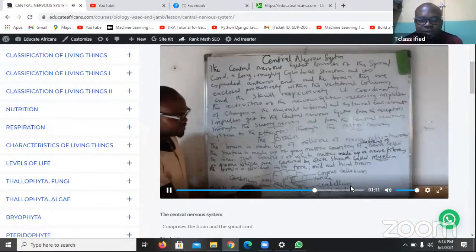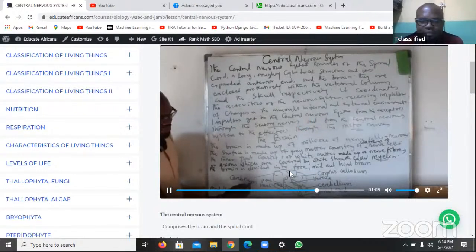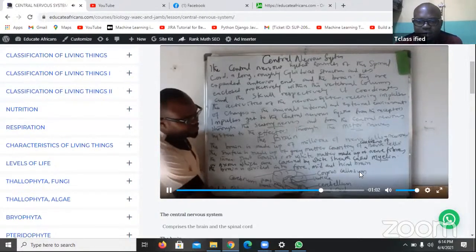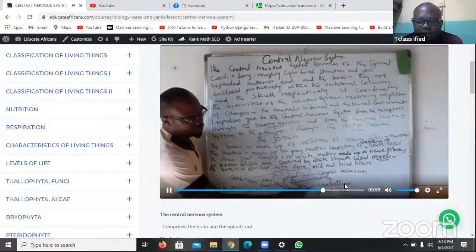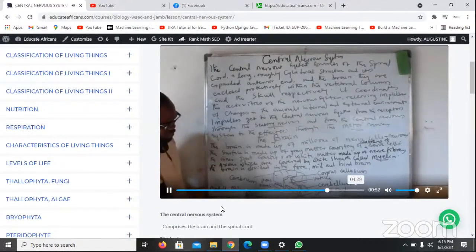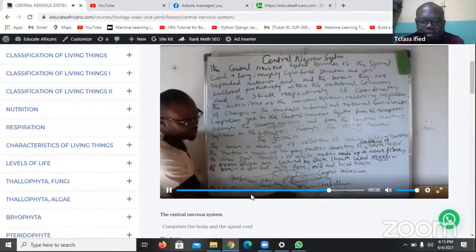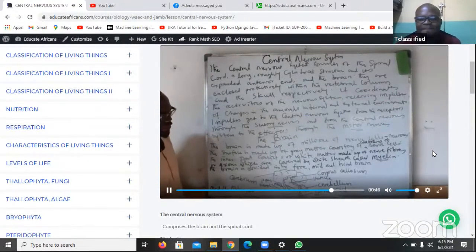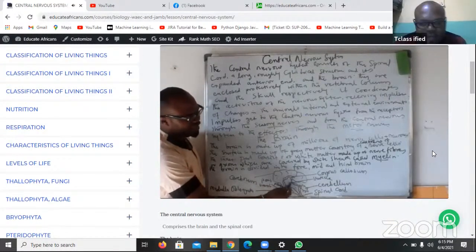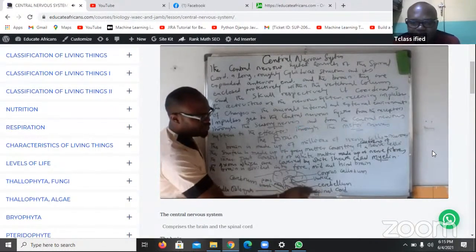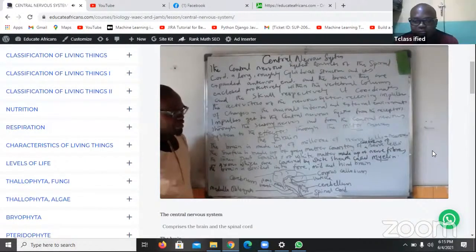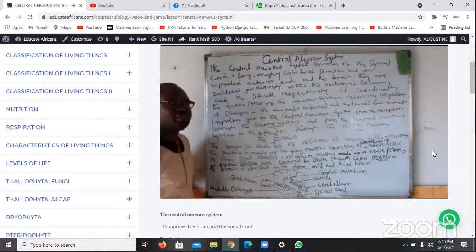So you can see the diagram of the brain. You have the cerebrum, the corpus callosum, the cerebellum, the spinal cord, and the medulla oblongata. Okay, so those are the parts of the brain: the cerebrum, the cerebellum, the corpus callosum, the ventricle, which is the space in between, and the medulla oblongata.